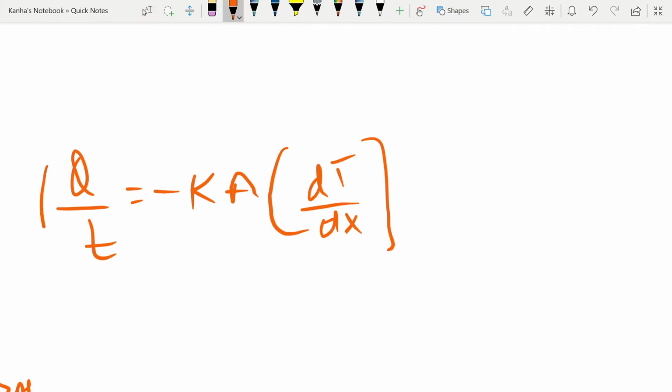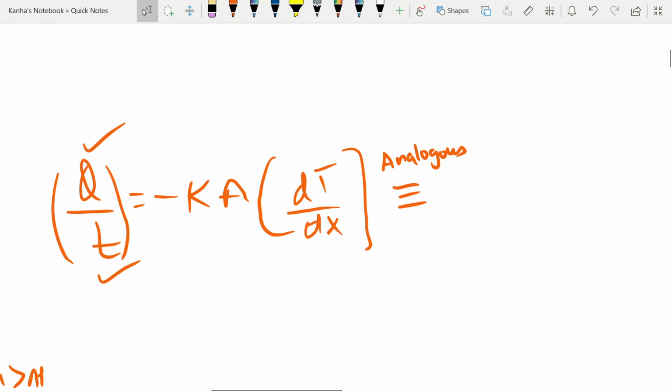My value Q by t, which is the heat flowing per unit time, can be analogous to, not the same, but analogous to I is equal to, note first dT by dx is what? It's similar to the potential gradient. So it is similar to V, the net potential difference, divided by some length L, into A into K.